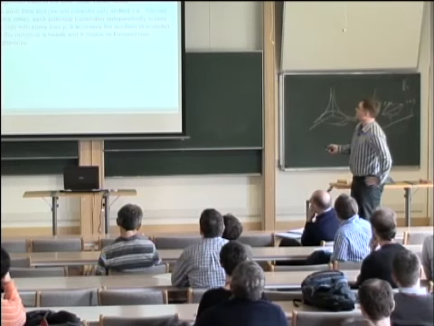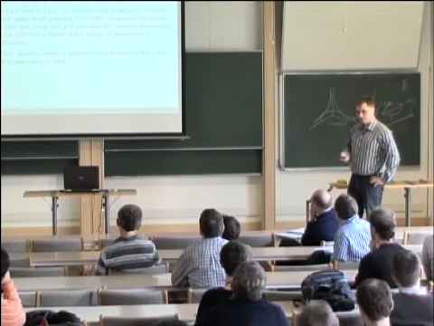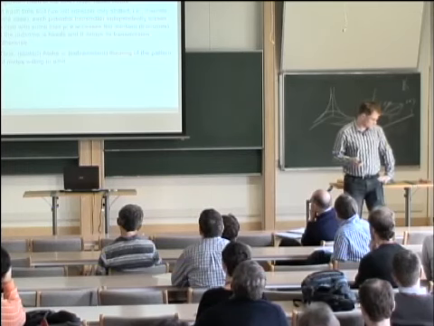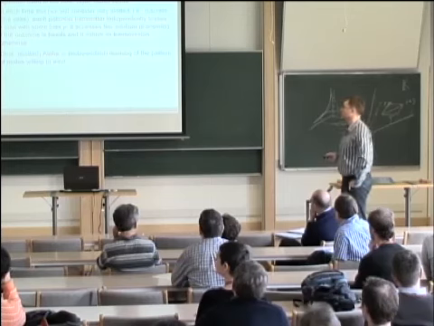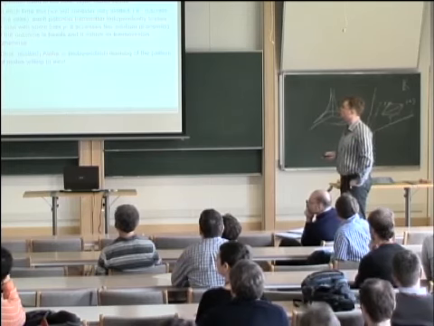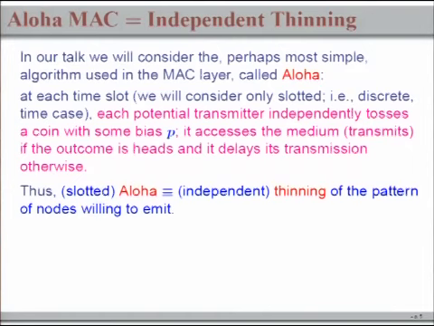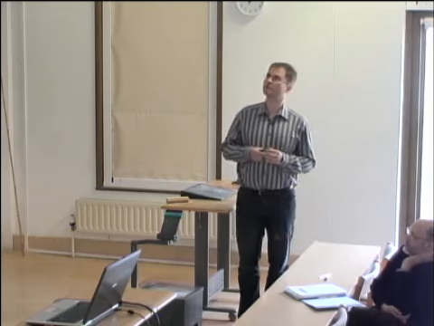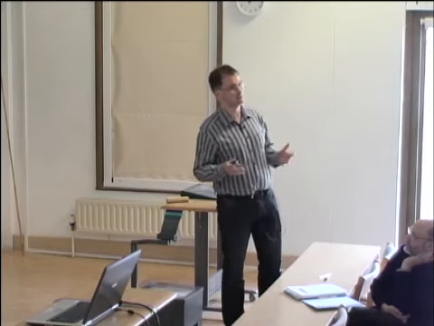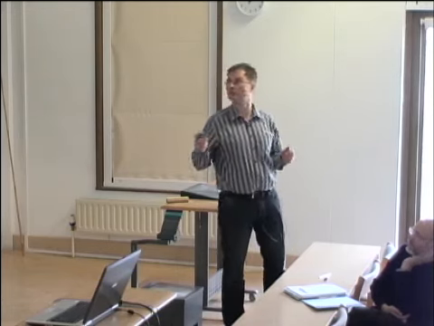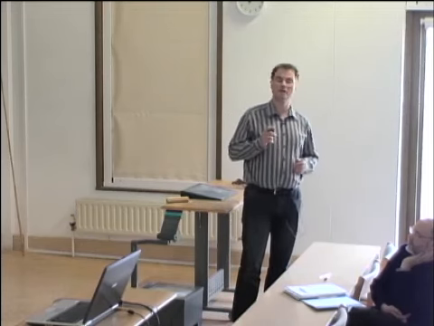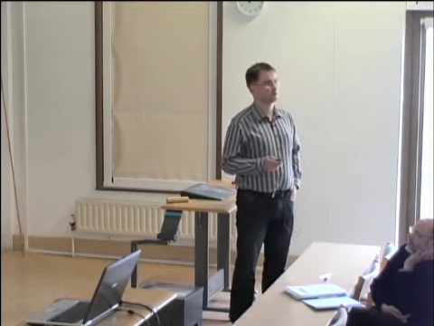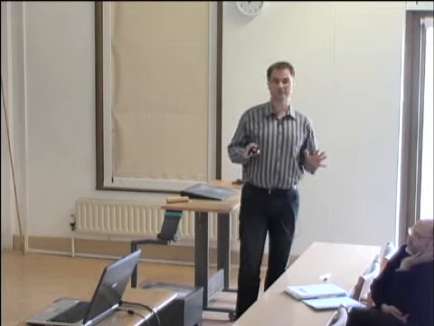So okay, this is quite often a natural mechanism for stochastic geometry, where it is called thinning. Actually, Aloha medium access means nothing else than independent thinning with some given parameter p of the pattern of nodes who are willing to emit. So in my talk, medium access is a very simple one: thinning.